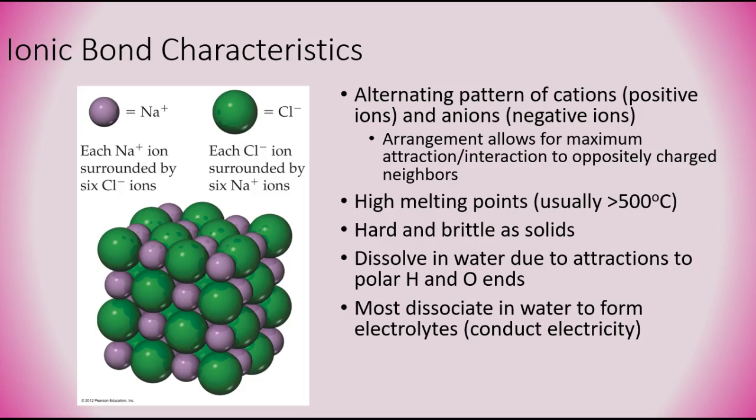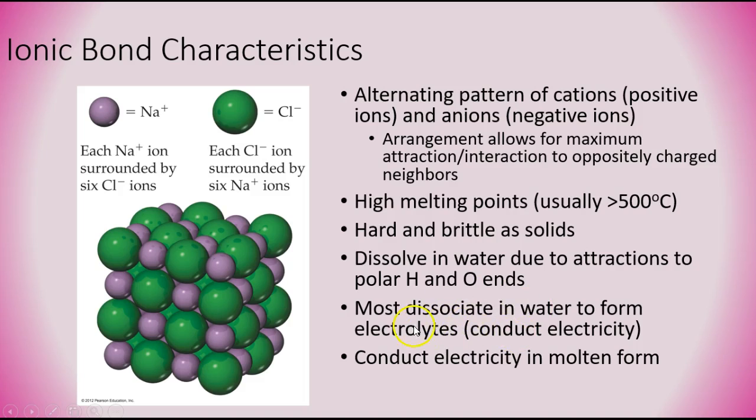As a result of that, we refer to them as electrolytes, because solutions containing ionic compounds can conduct electricity. Ionic compounds can also conduct electricity in molten form, because if we don't have the solid structure, the ions are free to move past each other. If charged particles can flow freely, electrons are also capable of flowing freely, and that's what we see in both of these cases.